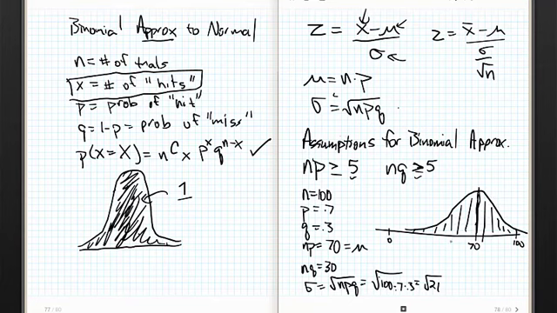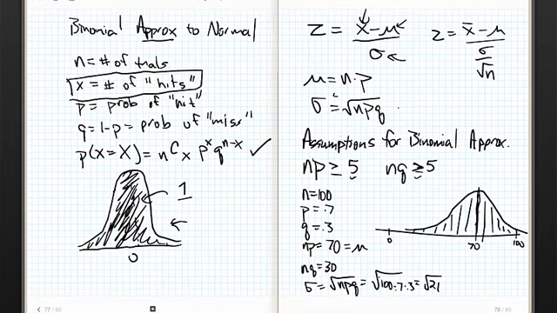Now there's something very, very important to keep in mind here, and it's going to come into play in just a minute. The normal curve is continuous. On the standard normal curve, I can have any value theoretically between negative infinity and infinity, although those really big numbers are highly improbable.